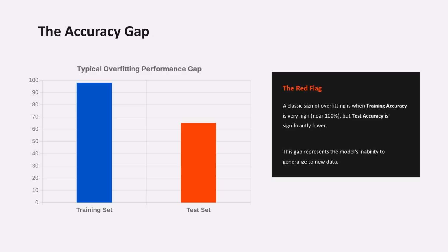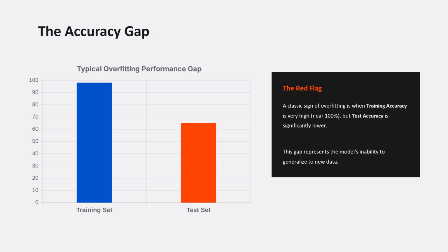But when you test it on new unseen data, the performance drops significantly, from 99% to something like 65%. This is a huge difference between training accuracy and testing accuracy. It tells you the model is brilliant at memorizing, but terrible at generalizing.